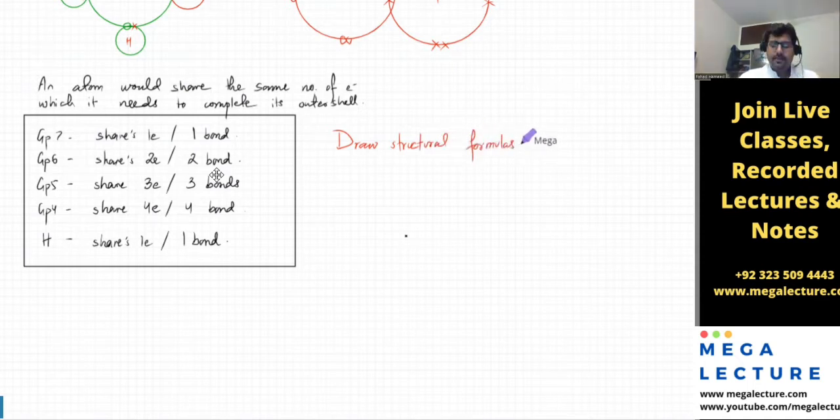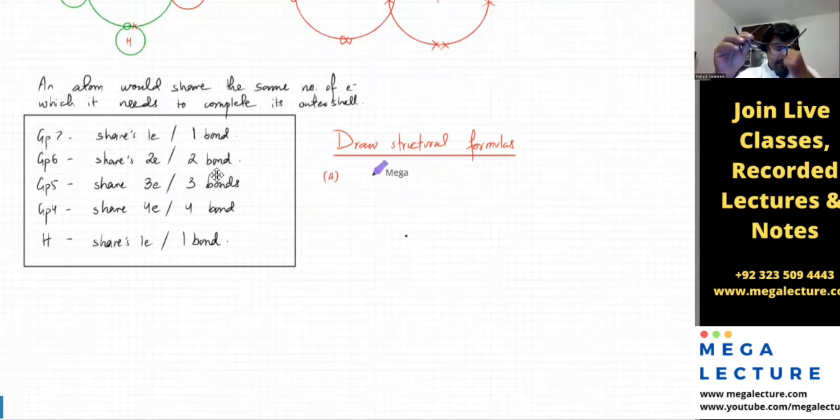Because jumping onto dot and cross diagrams, I mean, it would be easy for small molecules, but for bigger molecules it kind of gets difficult. So here's what a structural formula is. Listen to this carefully.